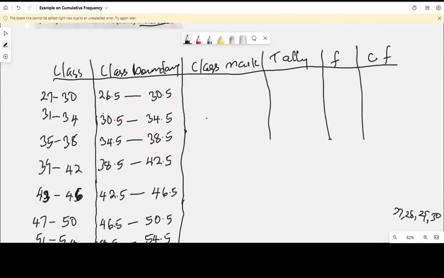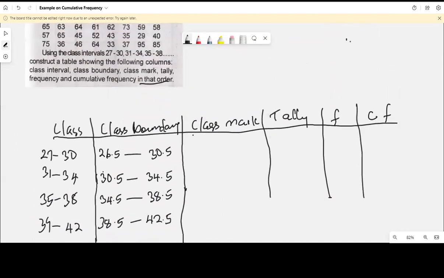The next column is class mark. How do we get class mark? To get the class mark, you add the lower class limit and the upper class limit, then divide the result by 2. What do I mean? The lower class limit of this interval is 27. The upper class limit is 30. So we add 27 to 30, divide the result by 2.